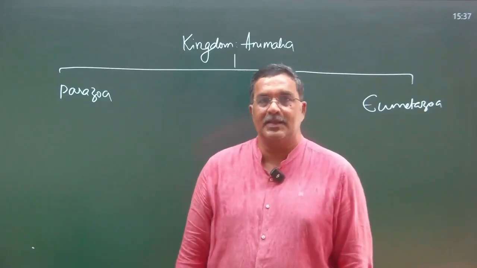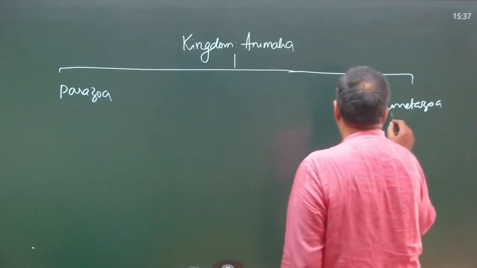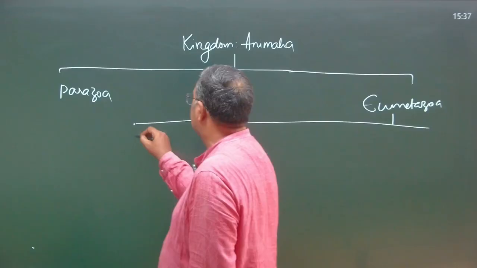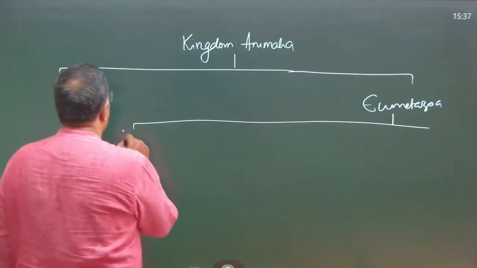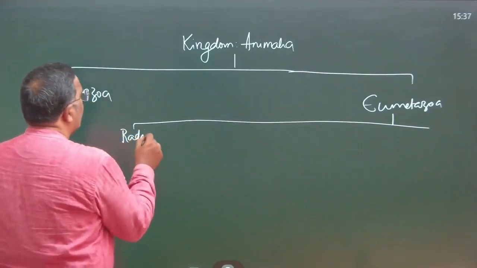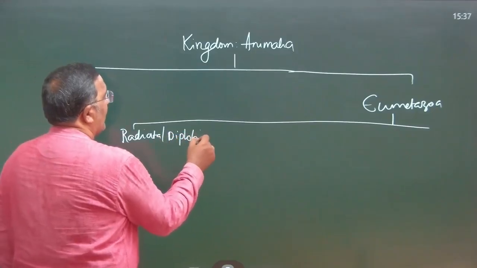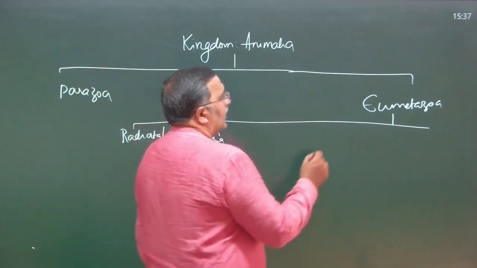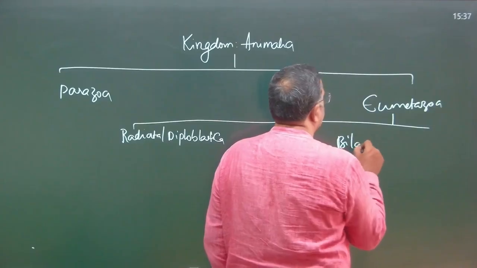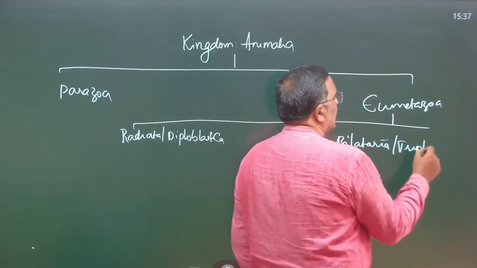In the previous class, we saw the grades of organization, and now we are going for subkingdom Eumetazoa, classified into grade Radiata, which is also called diploblastica, and grade Bilateria, which is also called triploblastica.